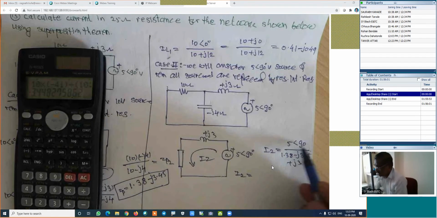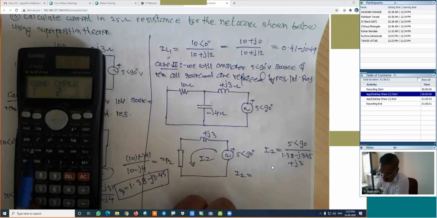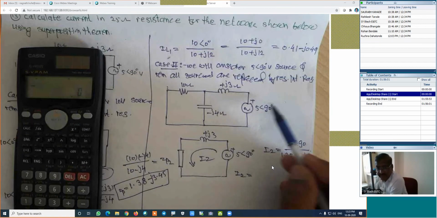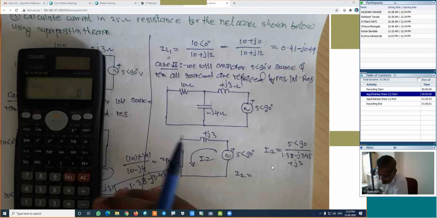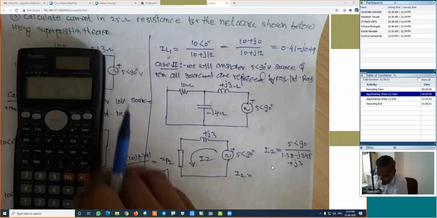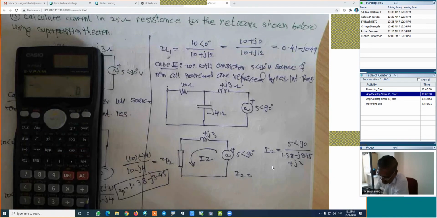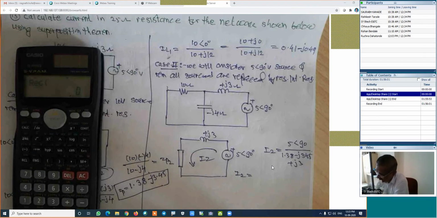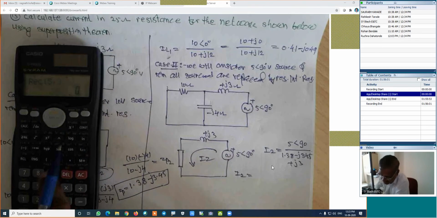Now we will convert this value to complex form first. I have to come out of the complex mode because we are interested in converting this polar value to the rectangular value. I am using shift rectangular conversion. The first value is 5, comma, the second value is 90.